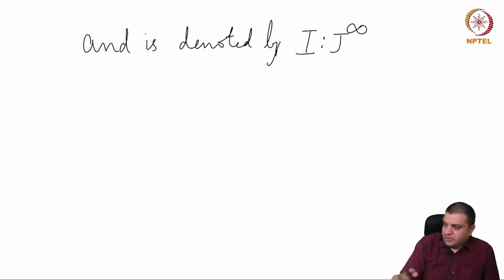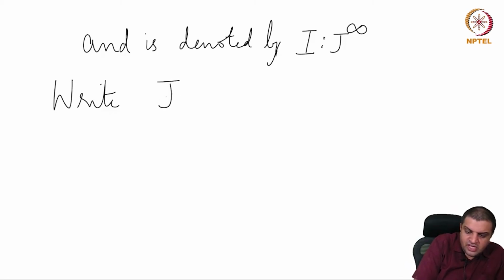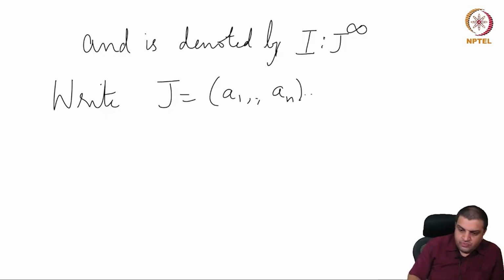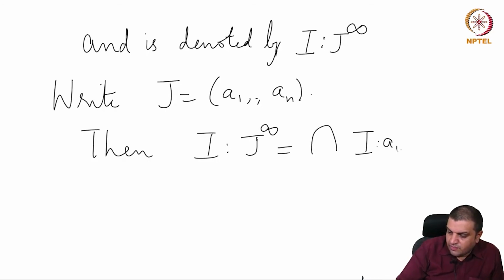We will prove some properties about associated primes of saturations, but before that, let's make some observations that will be useful in proofs or when trying to solve problems. Write J, as J is finitely generated, in a Noetherian ring, as (a1 through an). Then the saturation I colon J infinity is the intersection of the individual saturations I colon ai infinity.